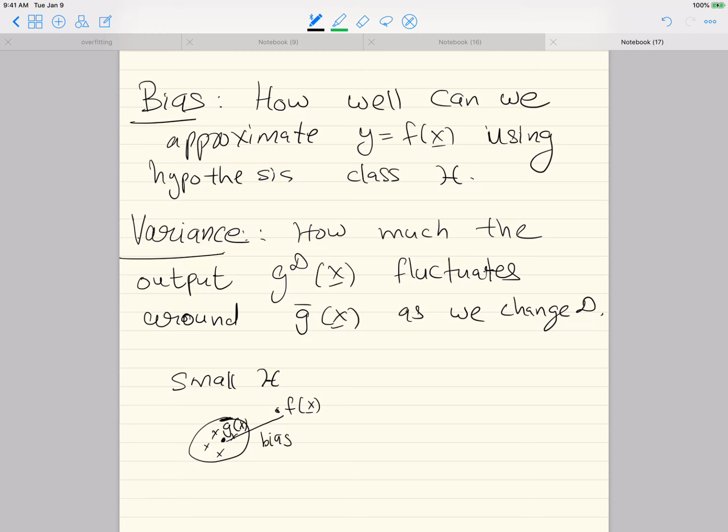The gap between the ground truth and your best approximation in the hypothesis class is going to be big. But because the volume of this is small, the fluctuations won't be that high, so the variance will be small. So if you have a small hypothesis class, you will have a large bias, but small variance.